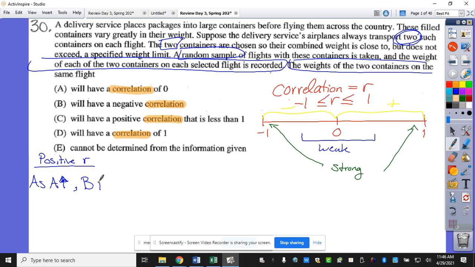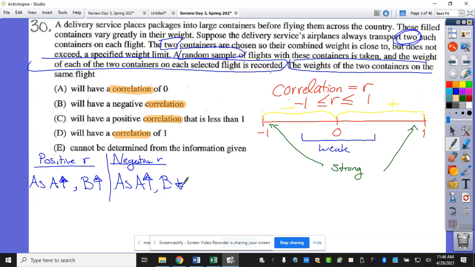The other one also increases. A negative R would mean instead what? As A increases, B decreases. So they change the same or they change opposite.